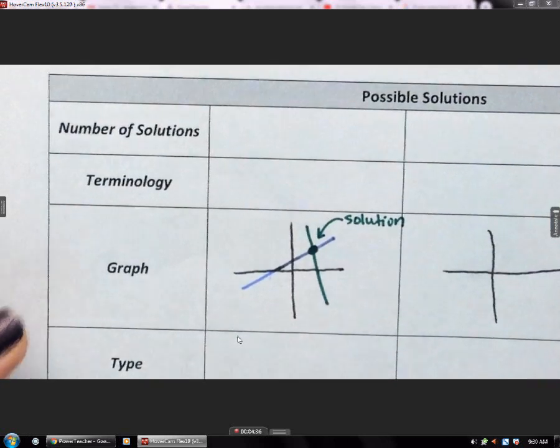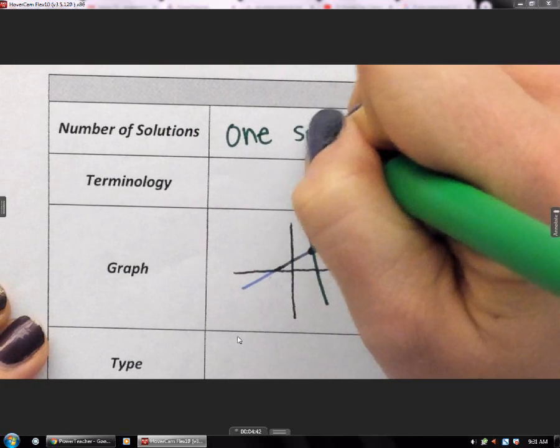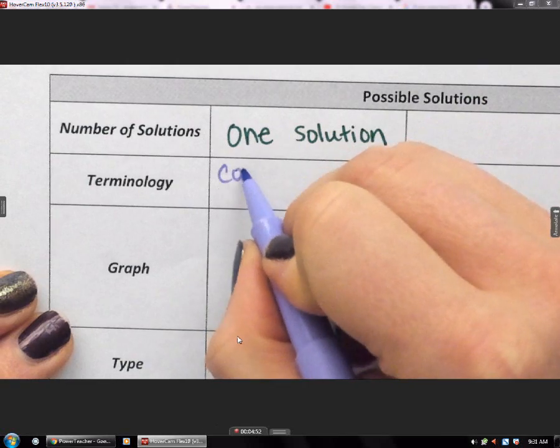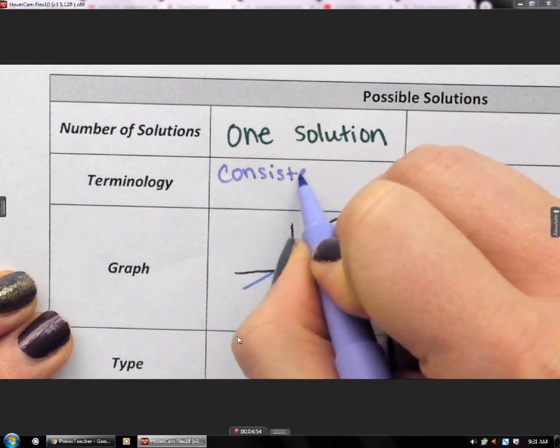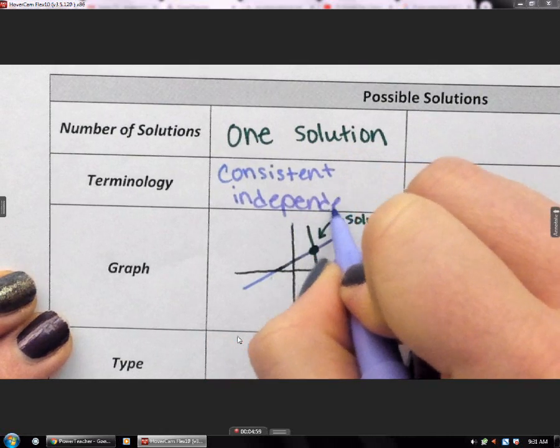How many solutions does this graph have? 1. So number of solutions, this has 1 solution. According to our terminology, we're going to call this consistent because it has a solution, and independent because it just has 1 solution.